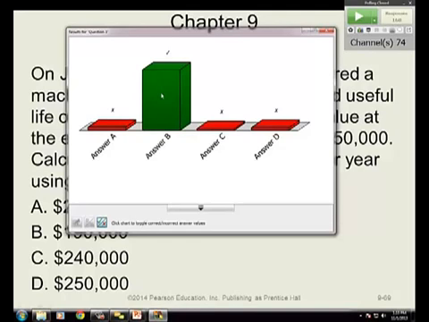In this case, the cost was $1 million, and the estimated scrap is 50, and it's a 5-year or a 20% rate of depreciation. The depreciable cost is $950, and the annual depreciation is $190 per year. So the answer is B.